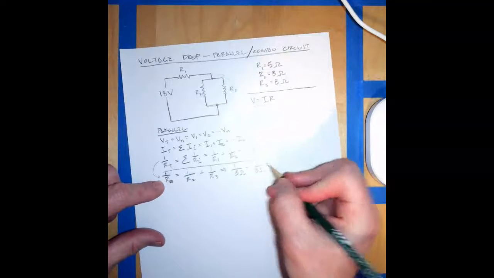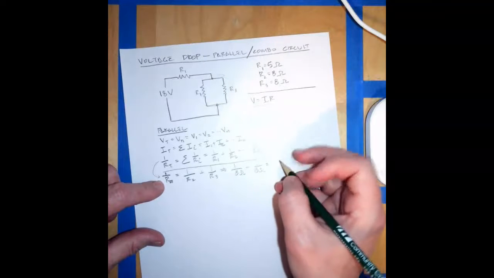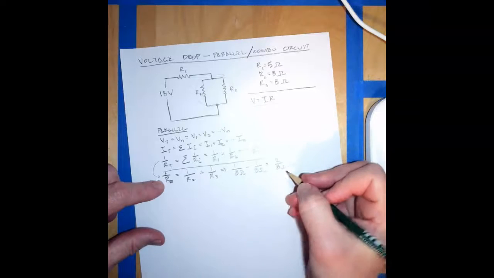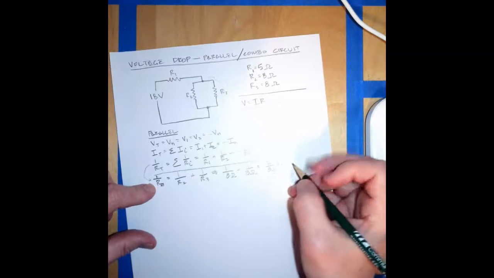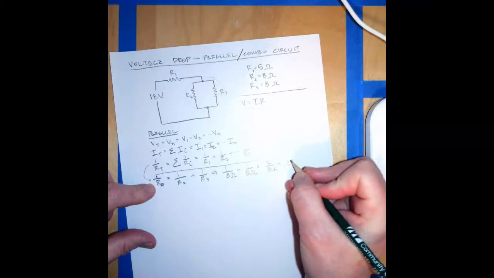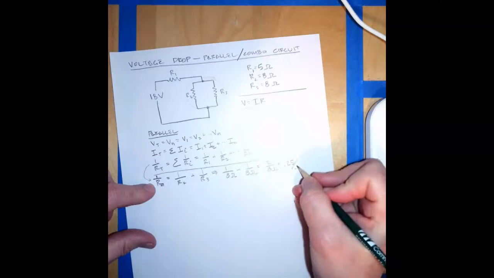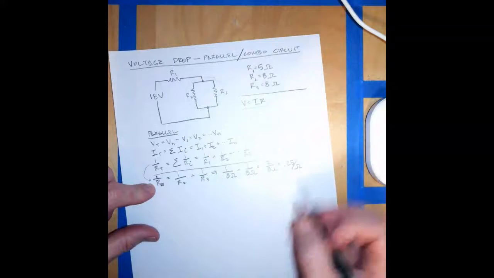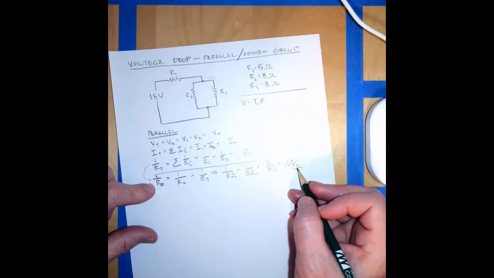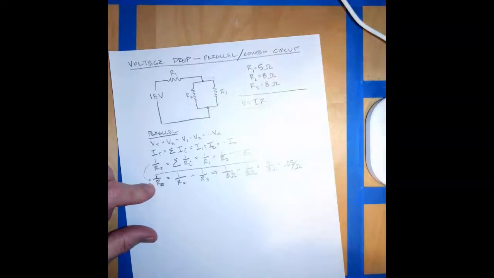So 1 over 8 plus 1 over 8 is 2 over 8 ohms, which is equal to 1/4 or 0.25 over ohms. Don't forget where the unit goes.